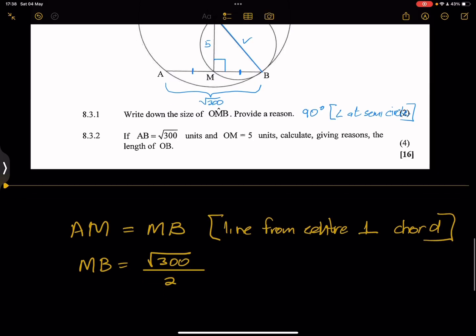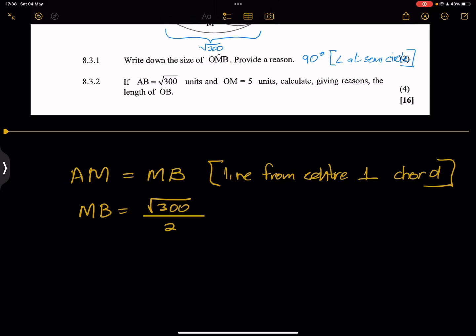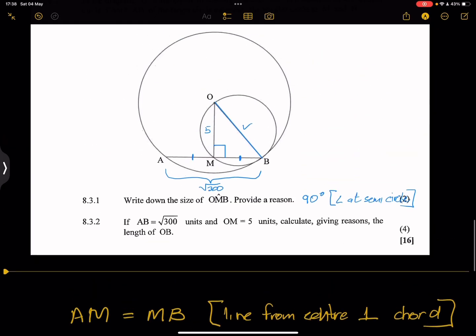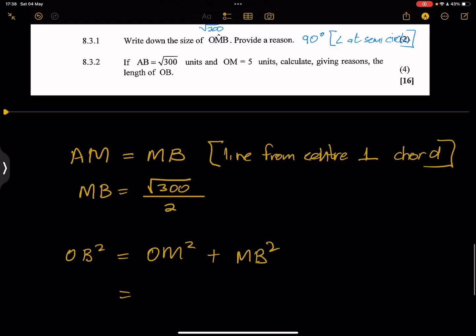So now we are looking for OB. So then we can use Pythagoras and say, well, OB squared is equal to OM squared plus MB squared. So I know what the value of OM is, right? So they said OM is 5 units. Now we know MB is root of 300 divided by 2 all squared.